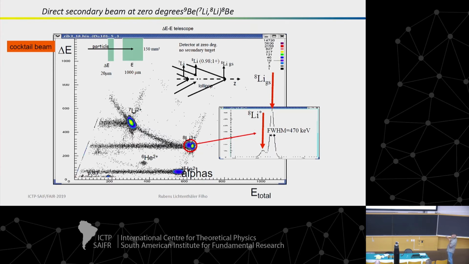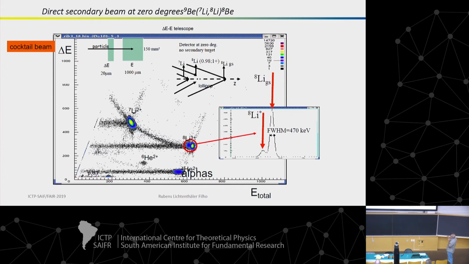The particle punches through the thin detector and leaves a certain signal, which is proportional to the Z squared of the particle, and finally it is stopped in the E detector. So here you have the signal from the delta E and the signal from the E detector. It's this kind of identification.